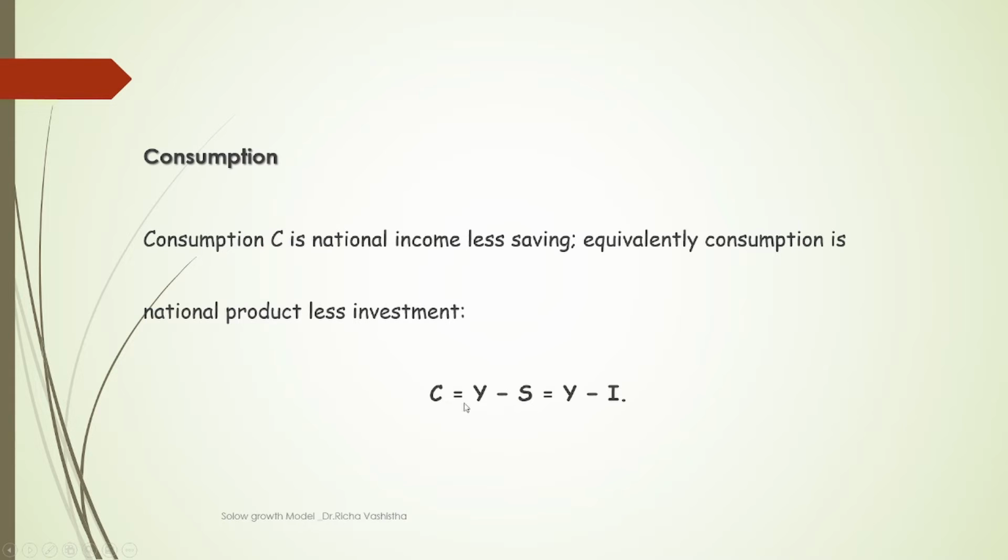Consumption equals Y minus S, where Y is national income and S is saving. We have already assumed that S equals I, investment, so this can also be put as C equals Y minus I. Y is the national income, I is the investment, S is saving, and C is consumption.